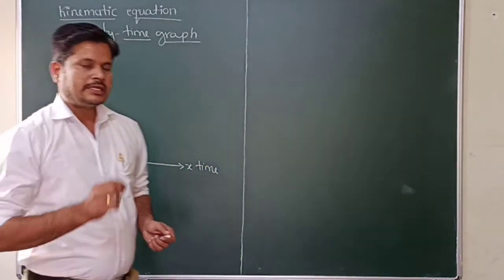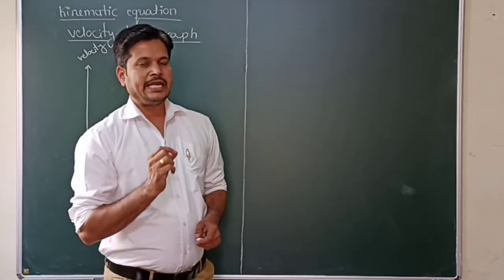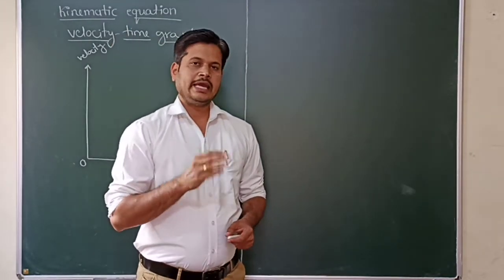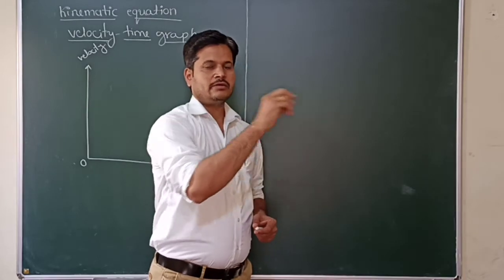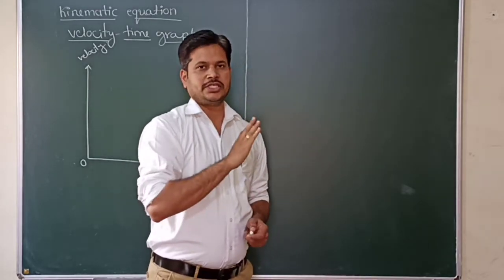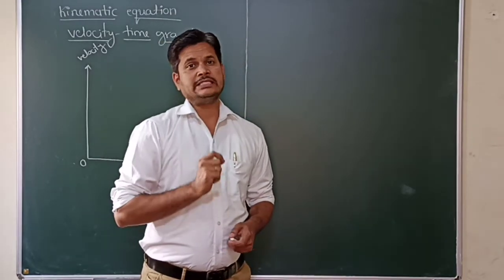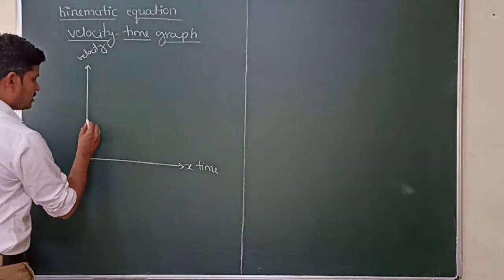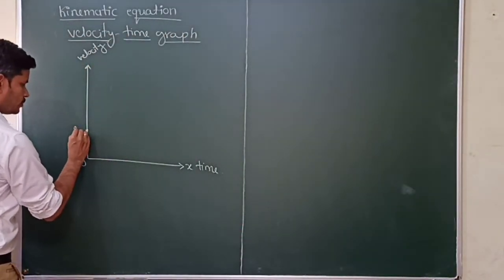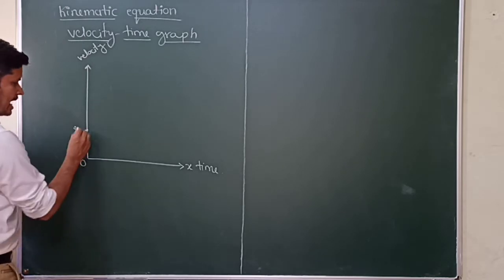Now let us consider a particle moving in a straight line with a constant acceleration, and that particle has the initial velocity u at the point A.